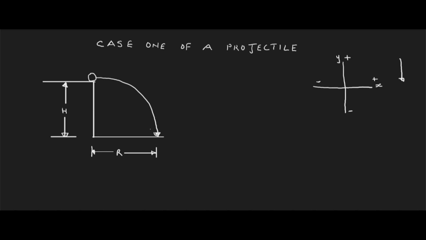Now let us consider this equation of motion. We know that s equal to ut plus half gt square, but we will take our acceleration due to gravity as negative, so we change this sign to negative sign.